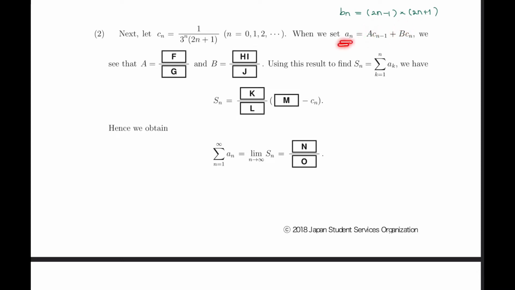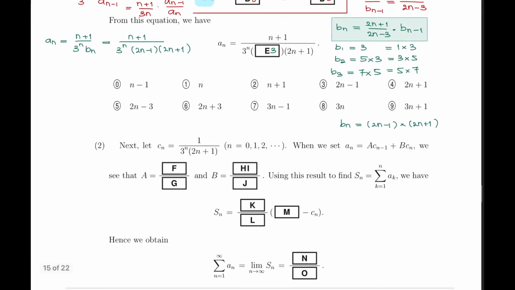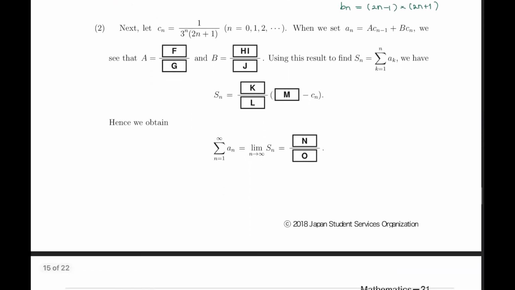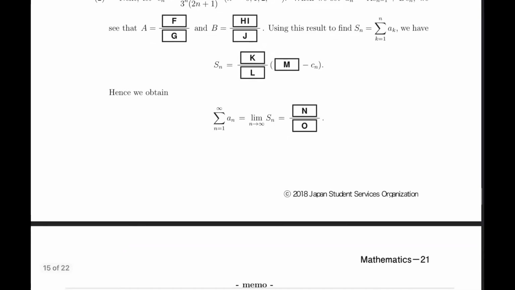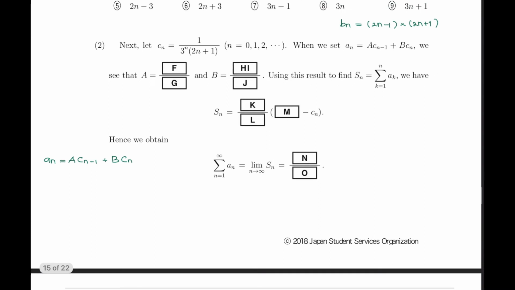First of all, I will set An. Our An is this expression: An is equal to capital A Cn minus 1 plus B times Cn.